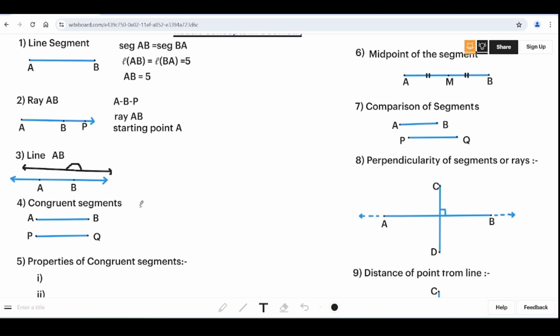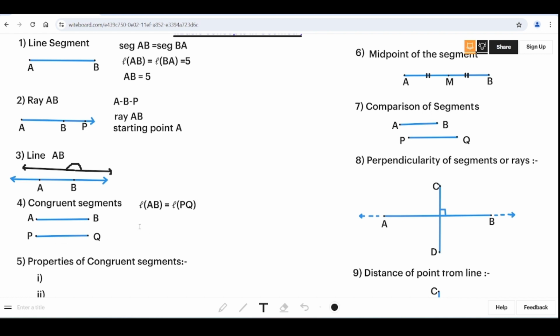That is, length AB is equal to length PQ. So if AB is 4 centimeters, then PQ is 4 centimeters. Means their lengths are equal.